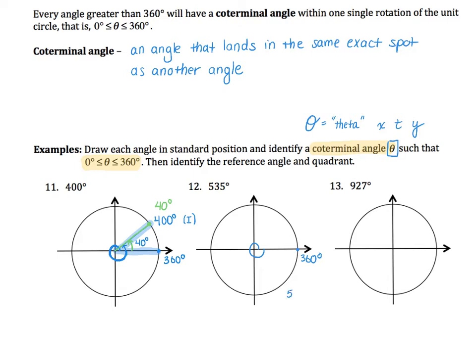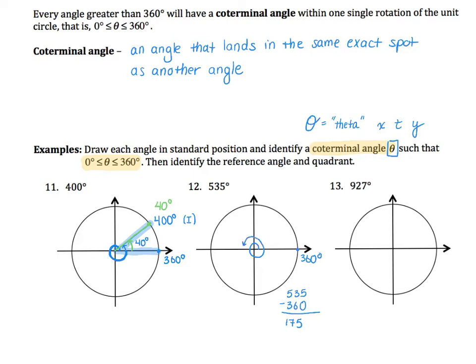Well, let's see, 535 minus 360. How much do I still have left to rotate? That's going to be 175. So I need to continue to rotate an additional 175 degrees. That's almost a full 180. So here's my additional 175 degrees.